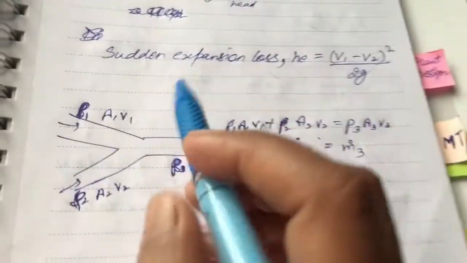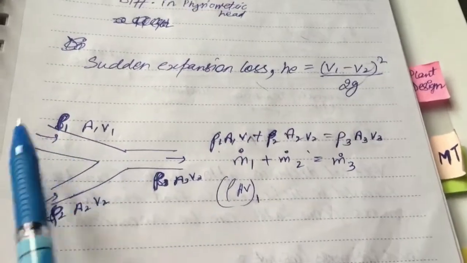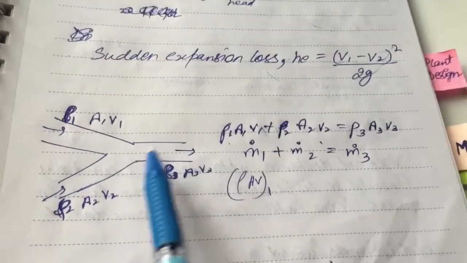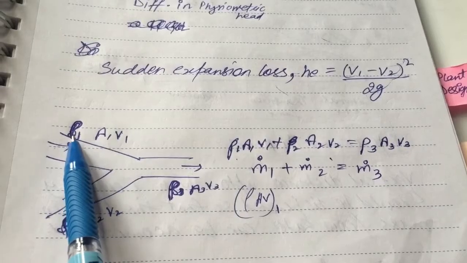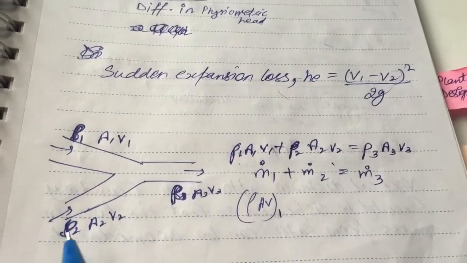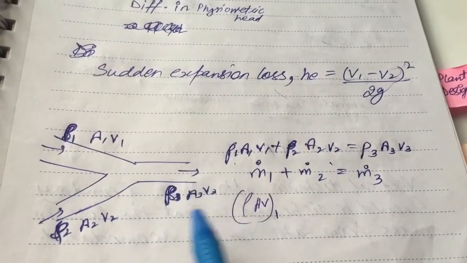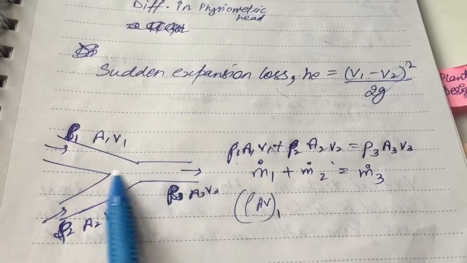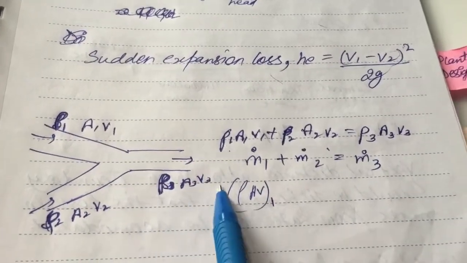And we would study questions on this example as well. Like if we have two flows merging into one, and the density of this is given as rho 1, area A1 and velocity V1, and for this pipe density is rho 2, area A2, velocity V2, and for the total merged pipe flow the density is rho 3, area A3, velocity V3.